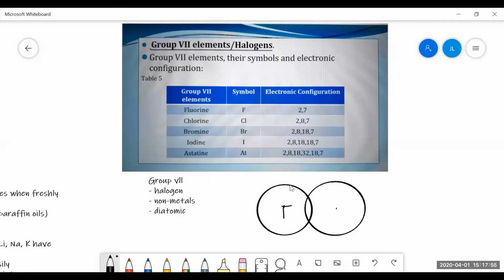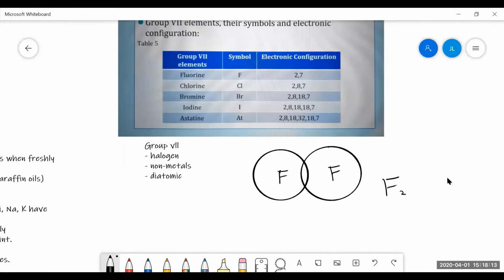For example, chlorine gas or bromine gas, and so on.